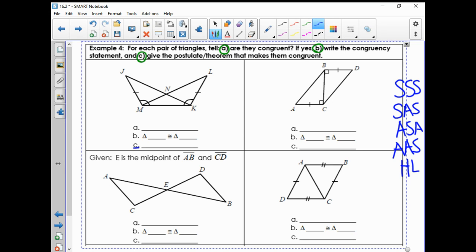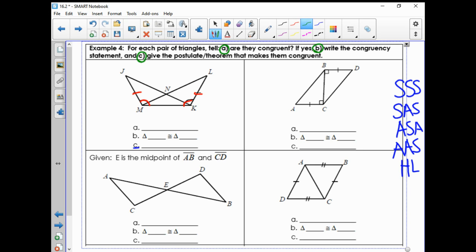When we're doing this, I actually try and find C first, because if I can find C, then I can say yes, and it's easy to write the congruency statement. Notice the givens are a side and an angle. We need to see if there are any other angles or sides we can get from the picture.